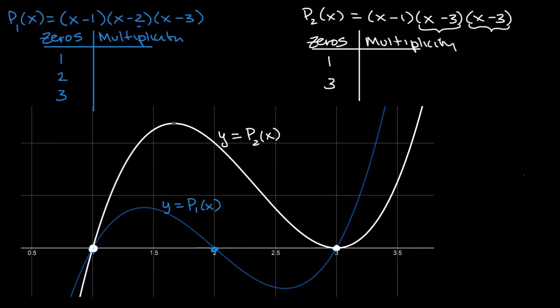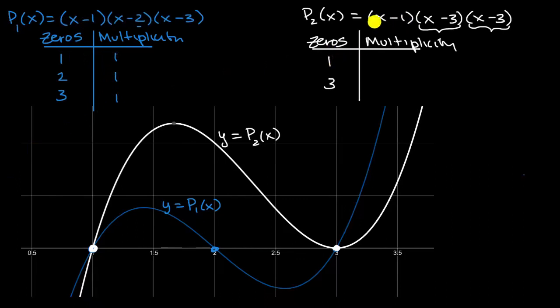Multiplicity. And so for each of these zeros, we have a multiplicity of 1. They're only deduced one time when you look at it in factored form. Only one of the factors points to each of those zeros. So they all have a multiplicity of 1. For p2, the first 0 has a multiplicity of 1.